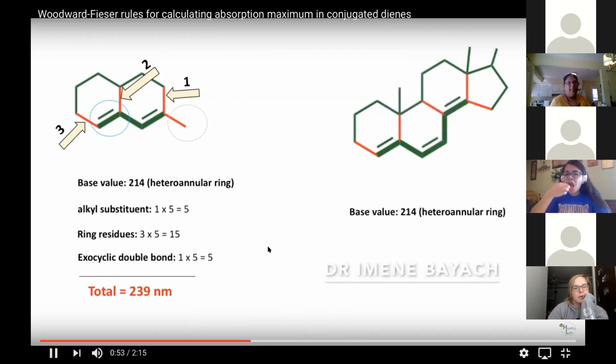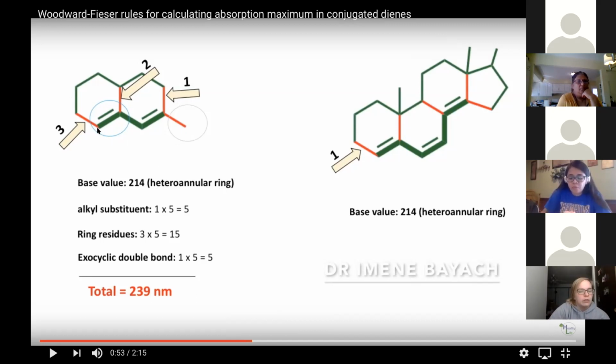Now go explain the first one, please. One on the left. Okay, please pay attention. So the dark bolded green is your conjugated pi system. If you break it up into the two different rings, each of these pi bonds is within a different ring, so that makes it heteroannular, as opposed to if they were both within the same ring, then it would be homoannular.